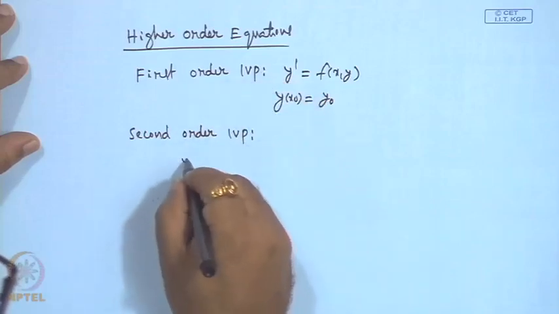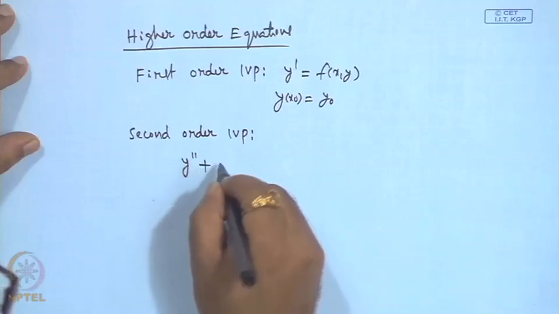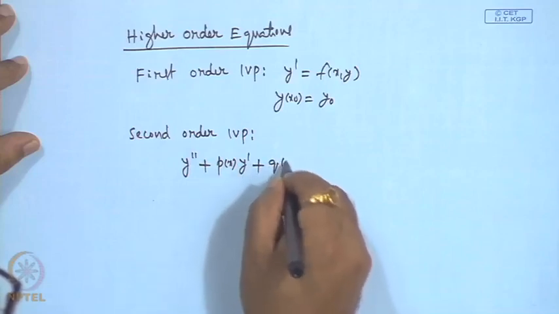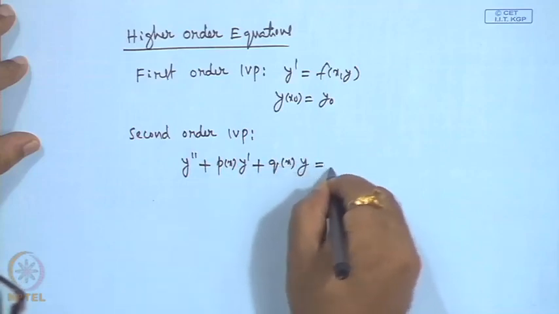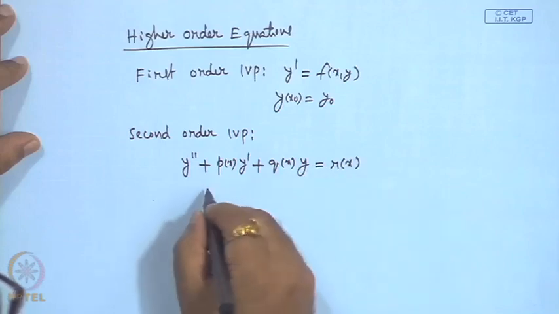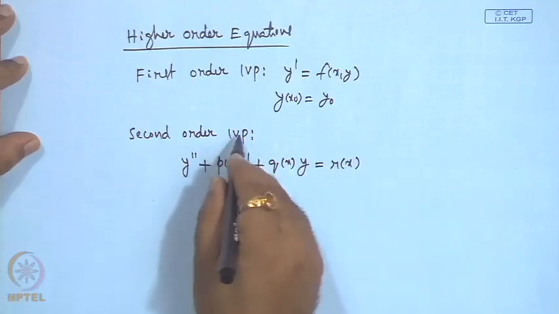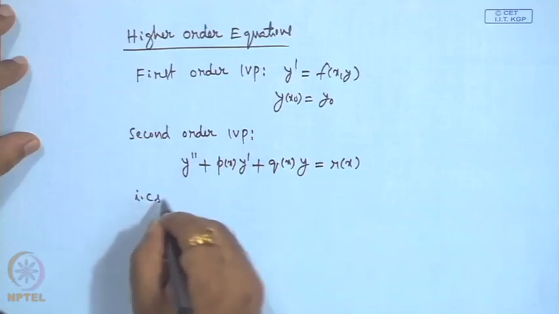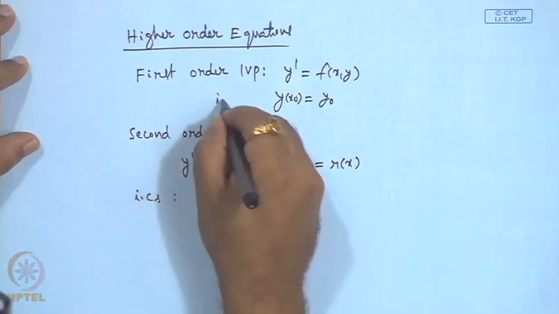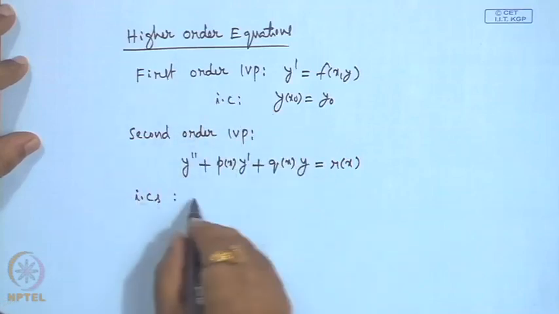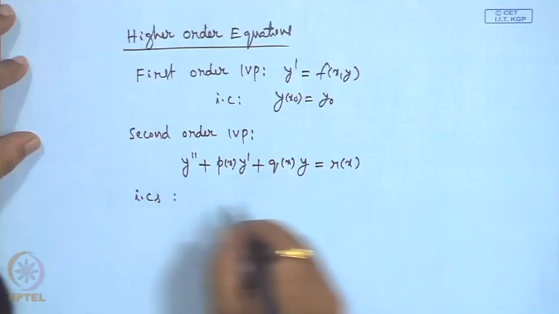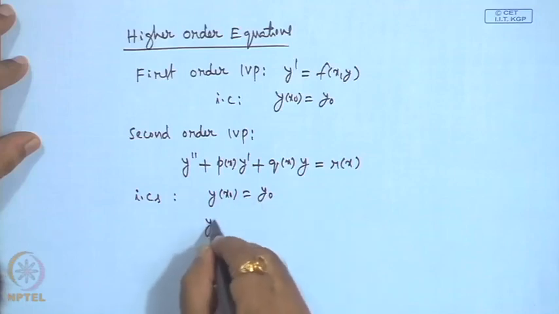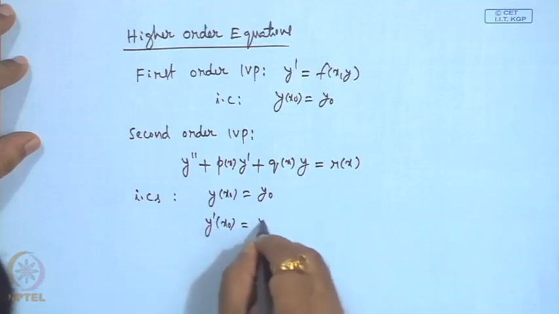I would like to write the standard form: y double dash plus p of x y dash plus q of x y is some r of x. Since this is second order, to define a second order initial value problem we need 2 initial conditions. Here we need 2 conditions because this is a second order equation: y of x 0 is y 0, y dash of x 0 is y 1.